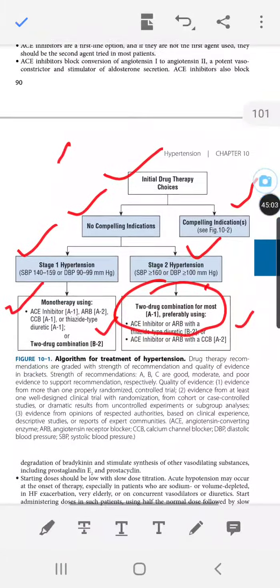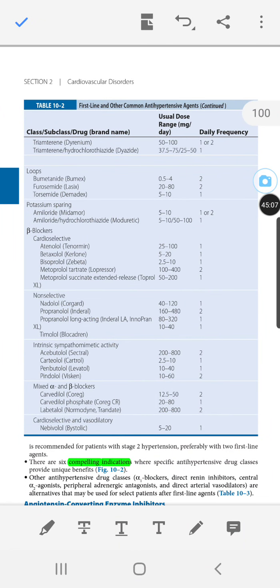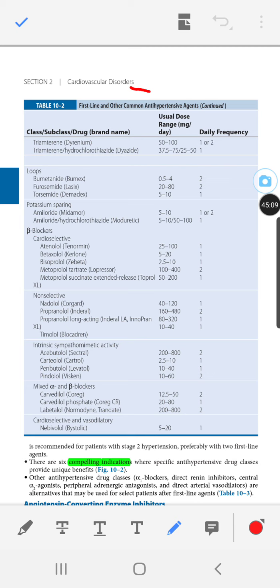So you can see here in the table, they have mentioned the first line and other common antihypertensive agents. We will discuss these drugs in detail in the next video. Here we are emphasizing the choice of drugs or the treatment plan, what kind of class we use for treating hypertension.